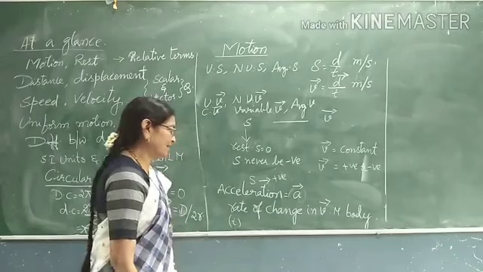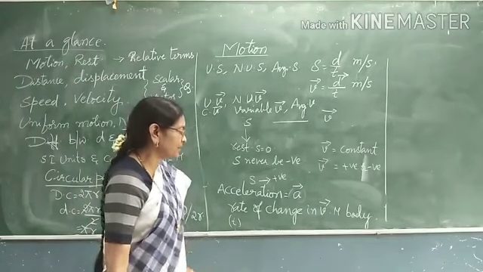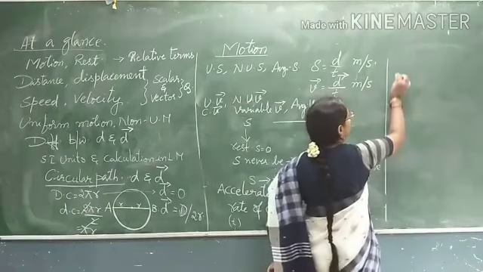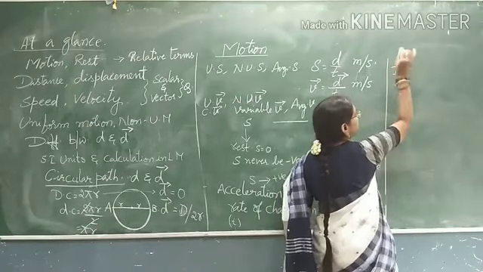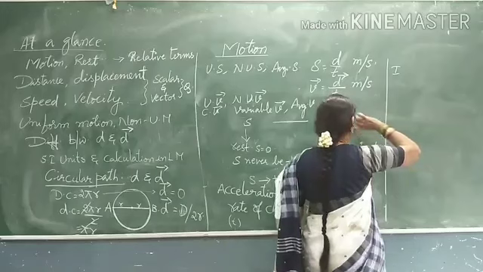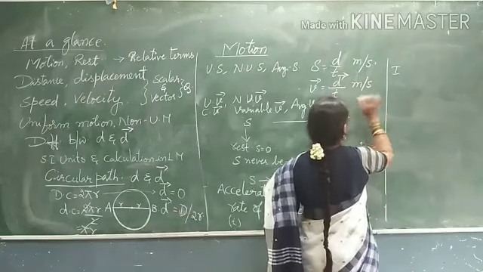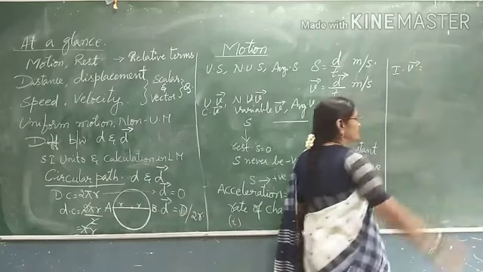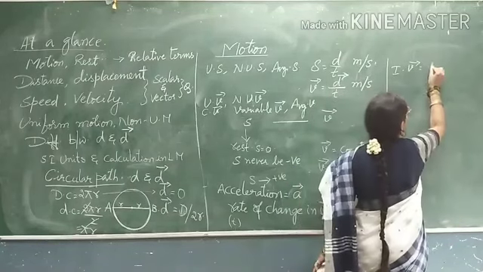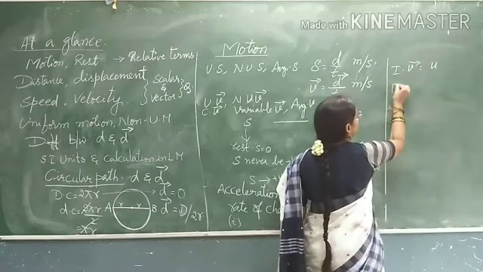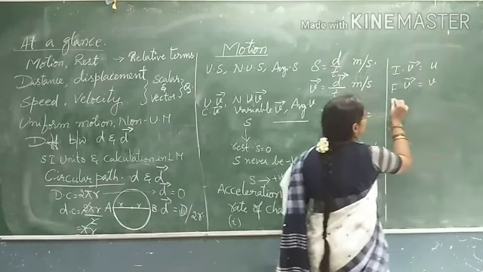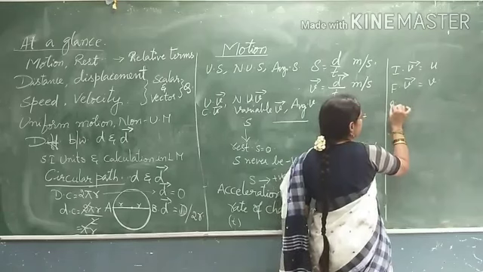Now, mathematically, how will we represent change in velocity? When a body starts to move, its velocity, I told already, is the initial velocity, which we designate with the letter u. The final velocity we designate with v.